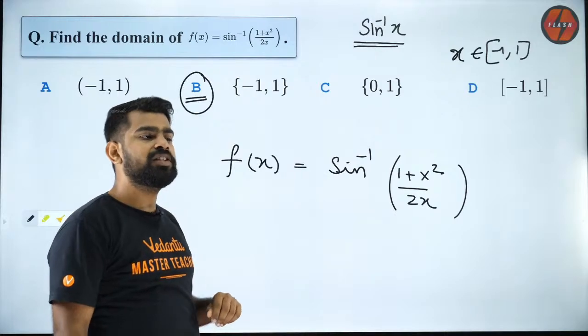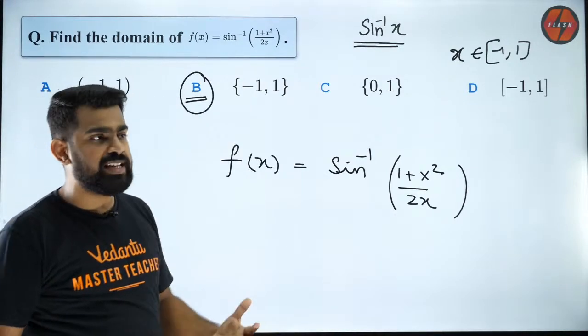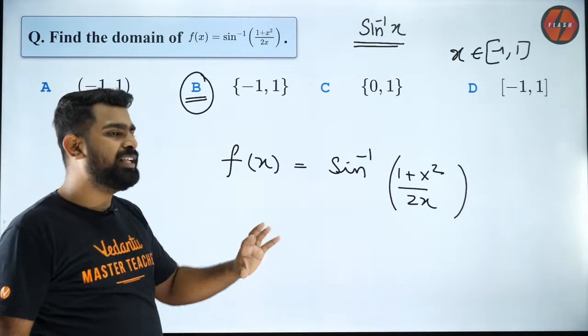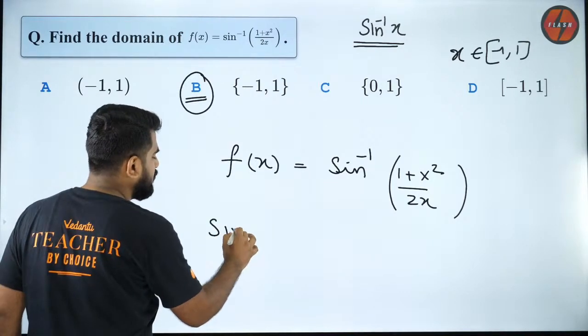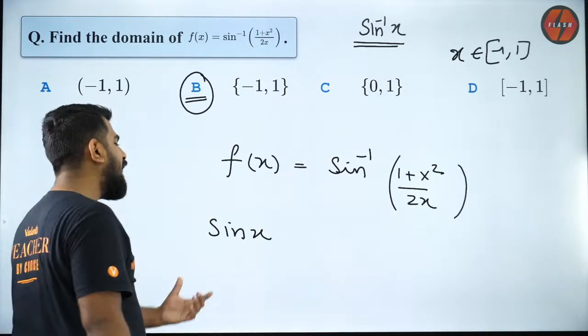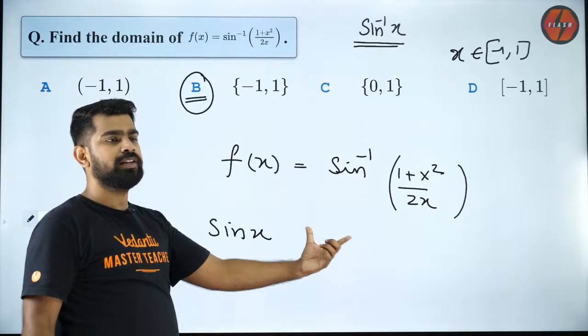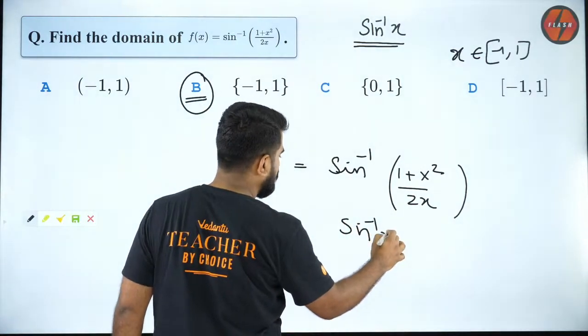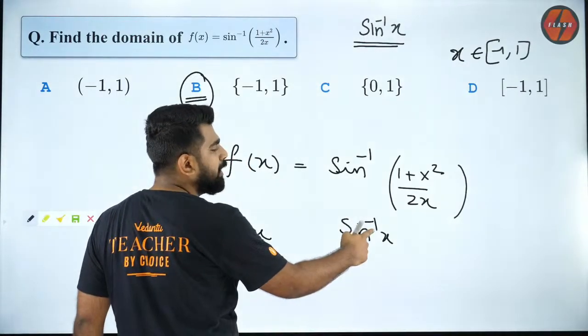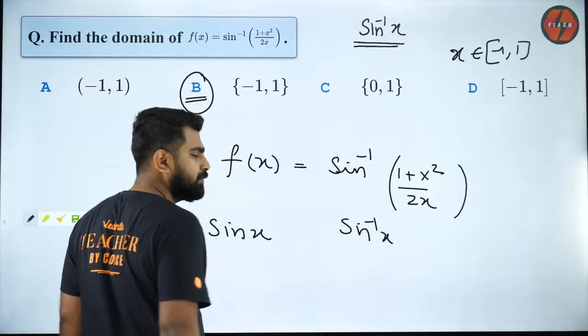Archana and some of my students are in 11th standard, so I'll just give you a brief idea. When you have the sine x function, you have something called an inverse defined for it. That is why we call it sine inverse of x. This is not sine to the power minus 1, it is sine inverse.